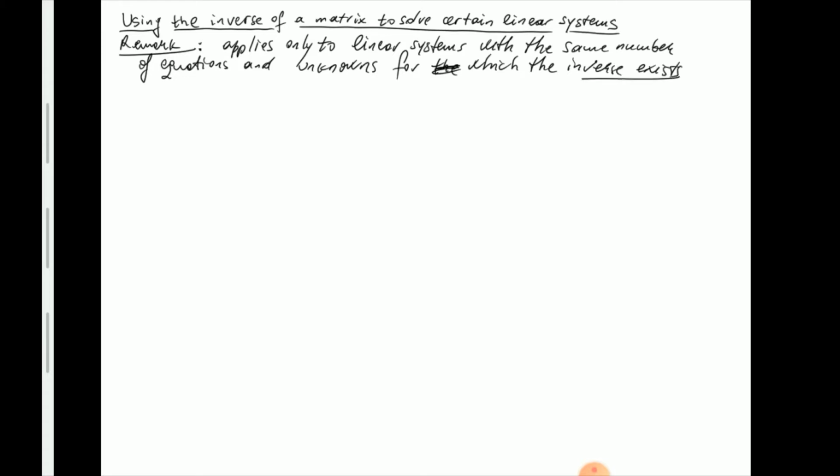Because remember, not all matrices have an inverse, and I'm talking about the inverse of the coefficient matrix.